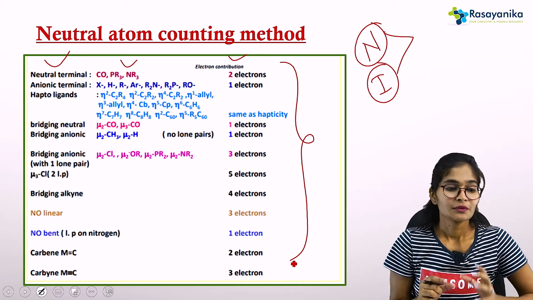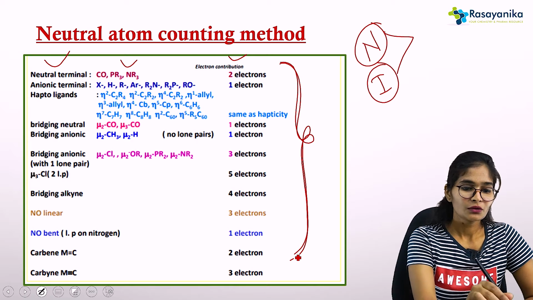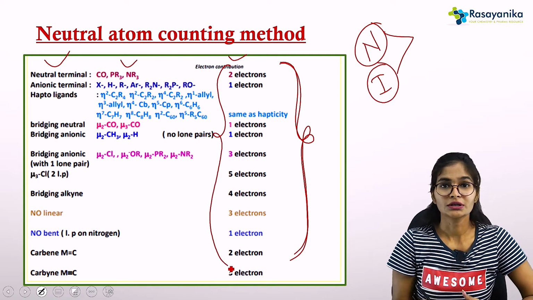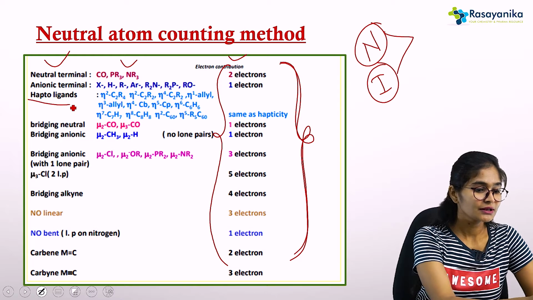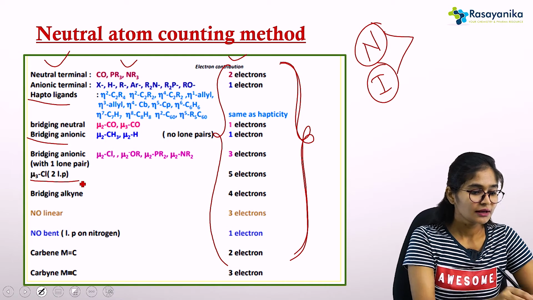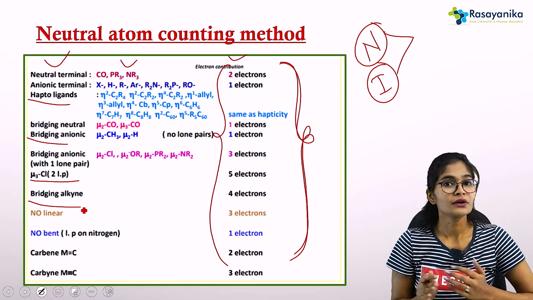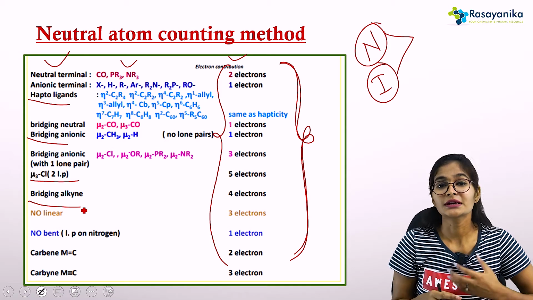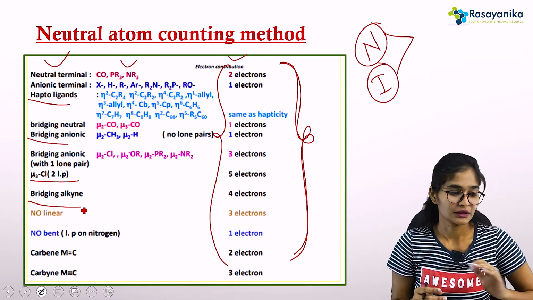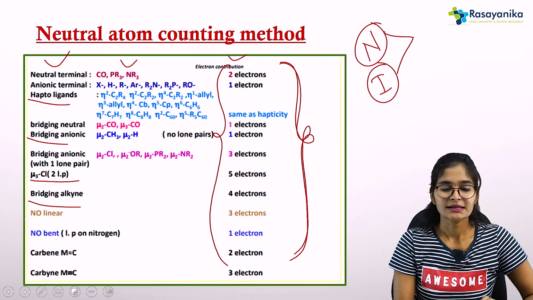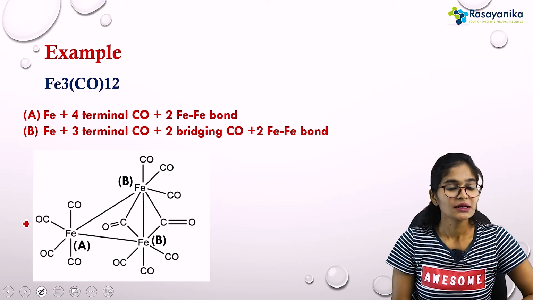So you can use this table for their contribution to the organometallic compound. You can see neutral terminal, anionic and bridging neutral, bridging anionic, bridging alkyne, then NO, which may be linear or bent. How many electrons each will donate towards the organometallic compound is important. Now let us solve one problem, an interesting one: Fe3(CO)12.